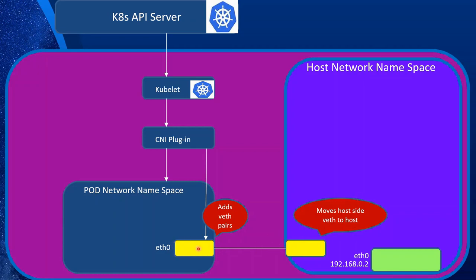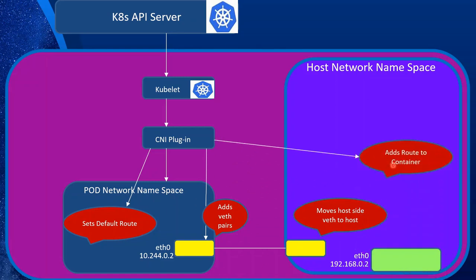That is a pipeline that provides communication between the host and the pod. It then assigns an IP address to that pod. It also sets the default route, which determines how communication with the outside world needs to go. It does the same thing on the host, adding the routes to the container. So now we have established communication between the host and the container.